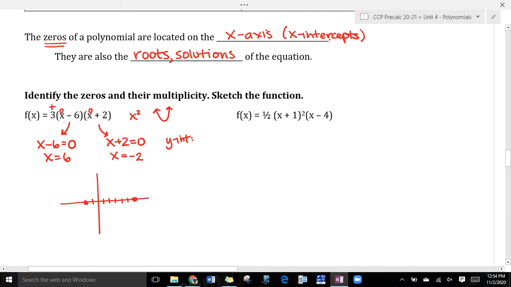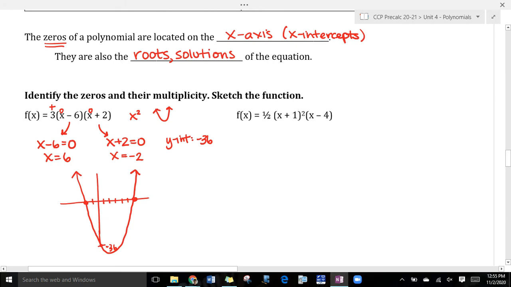So what's that? Negative 36. So it's a pretty deep parabola, and I'm not going to scoot all the way down to negative 36, but I'm going to label it so we can see it. So this parabola probably would look something like that. Again, I knew the shape because it was an x squared. I knew it was opening up because it was positive, and it crossed my x-axis at 6 and negative 2.